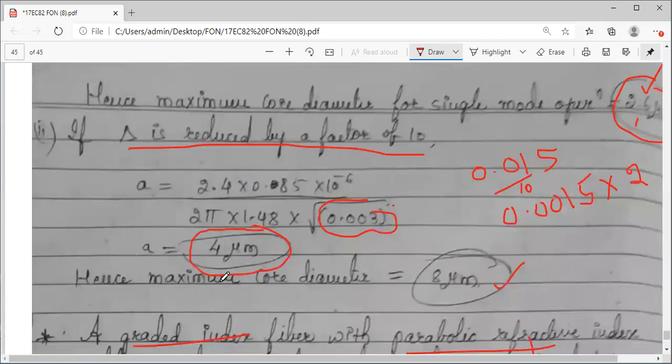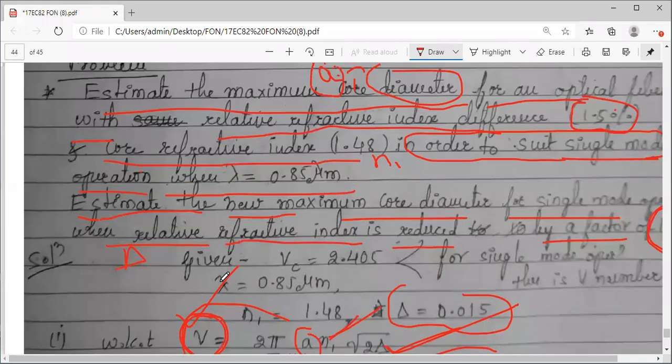Okay, so today we have covered step index and graded index fibers. In that we have seen the structures of single mode and multi-mode, and in case of single mode optical fiber, both step index and graded index can be operated in single mode. Why is single mode important? The advantage is that dispersion is less.